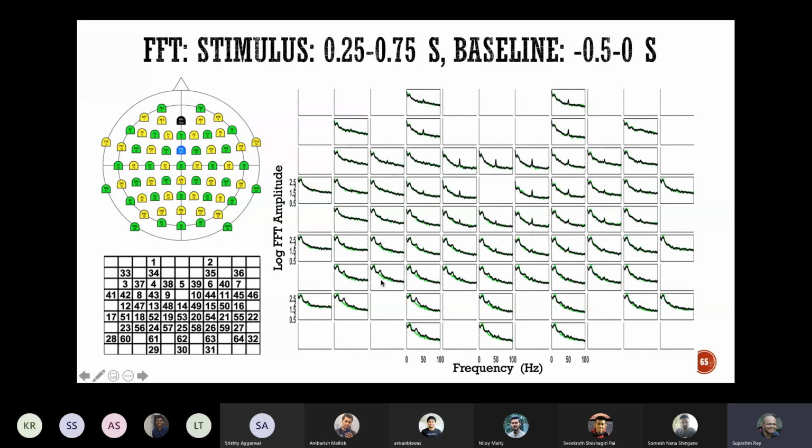Now I want to know, if I have a measure of phase consistency across electrode pairs, what would I get? Are there certain other areas which show higher connectivity as measured by phase coherence, for example? So how would I answer that?